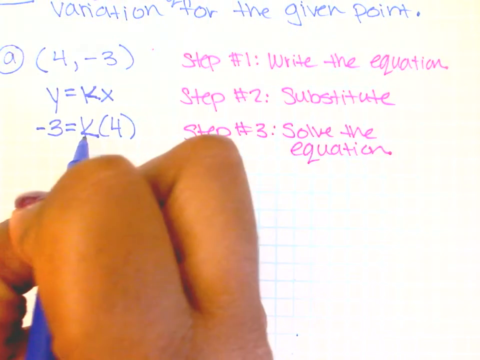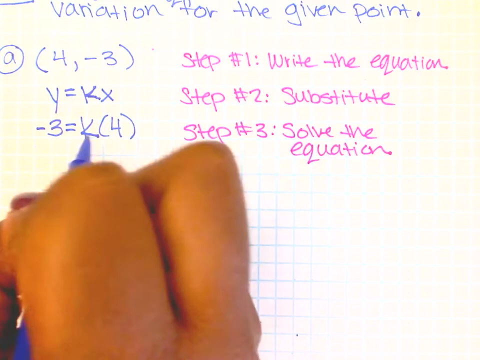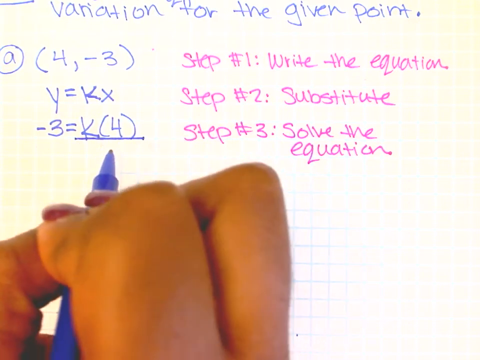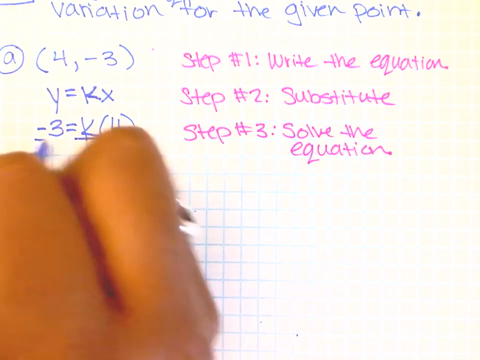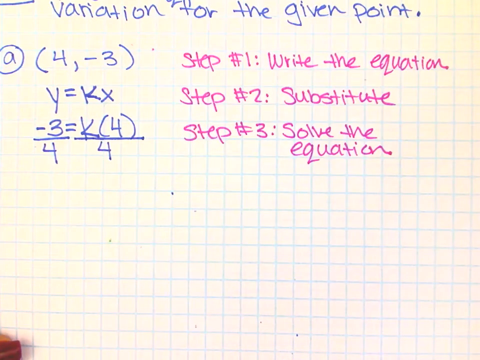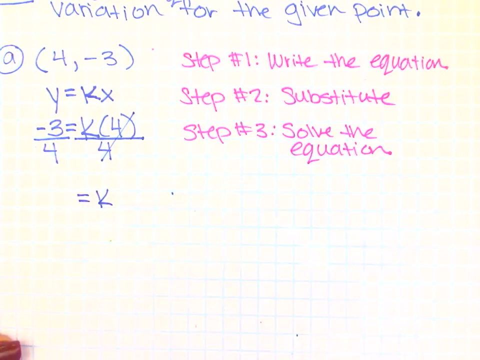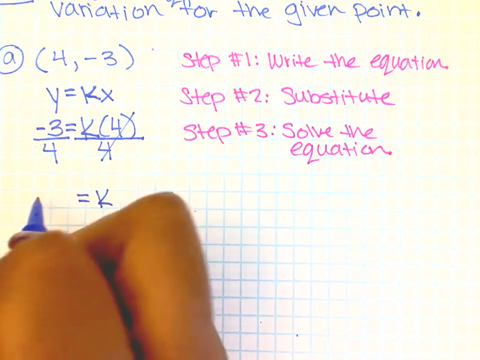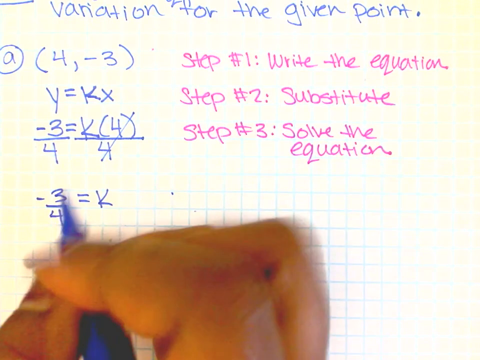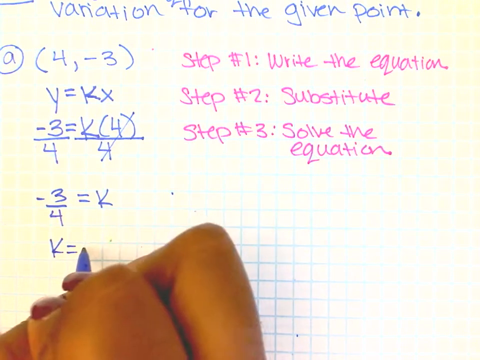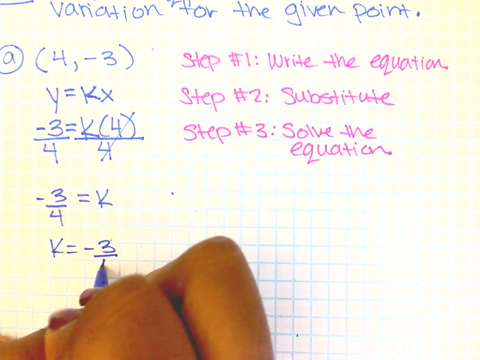If k is next to 4, it's multiplication, so I'm doing the opposite. I'm going to divide by 4 on both sides. My 4's cancel over here, so k is left, and I have negative 3 over 4. So k equals negative 3/4.